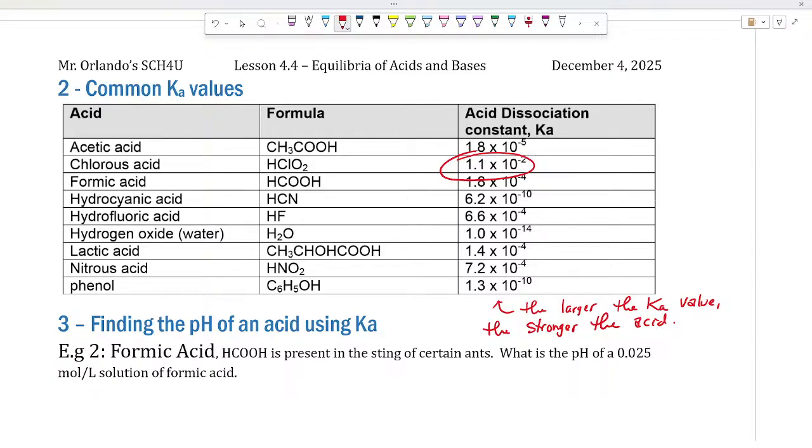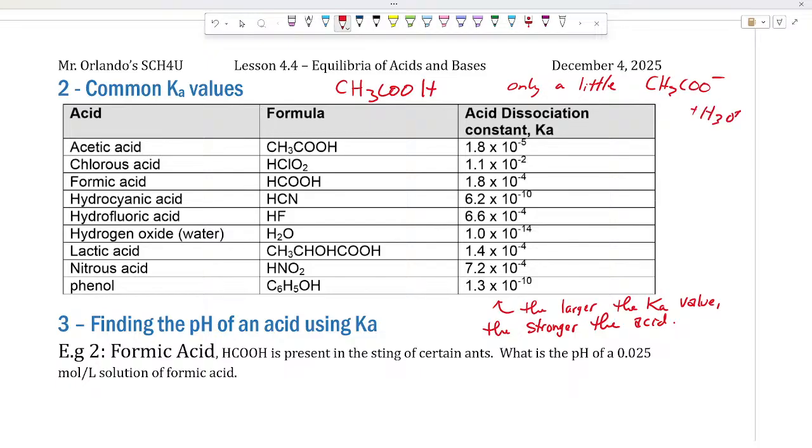Now, if you remember, when we talked about K values, we said if this number was bigger than 1, then it would favor the products, right? And we said if it was less than 1, it would favor the reactants. And if you look here, all of these are less than 1. So when it comes to weak acids, if you dissolve acetic acid, most of that acetic acid stays CH3COOH, and only a little bit will become the conjugate base CH3COO minus and release an H3O+.